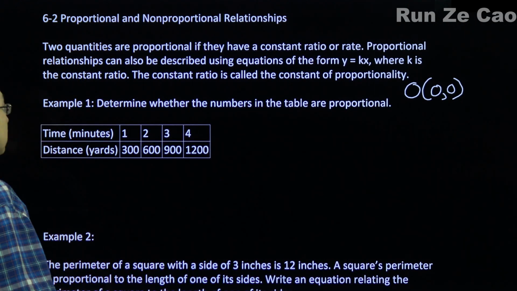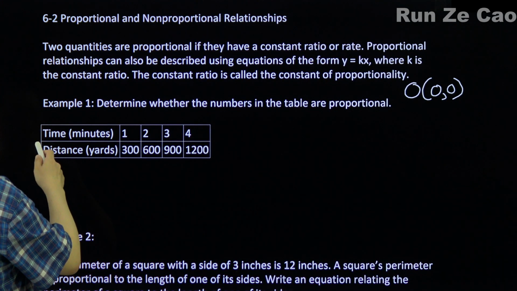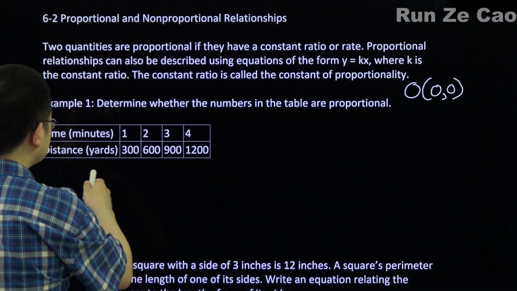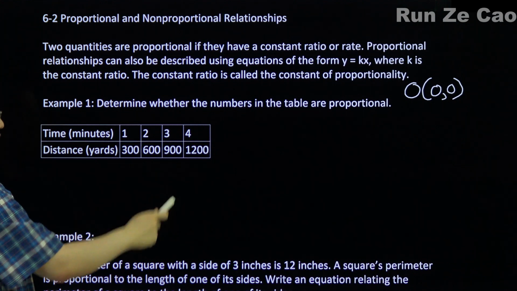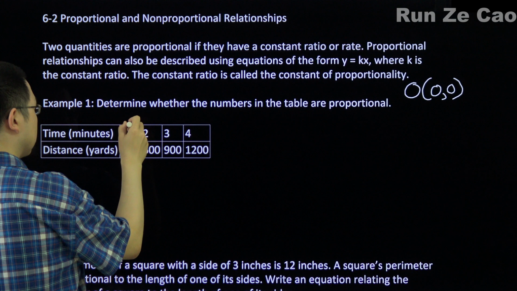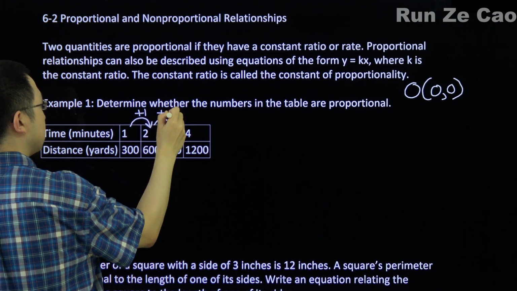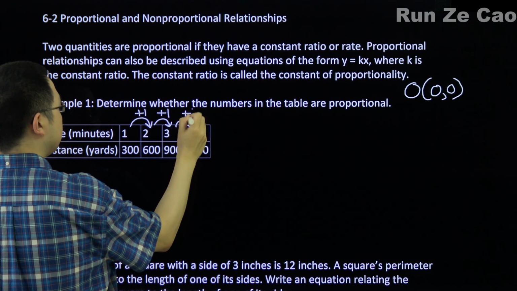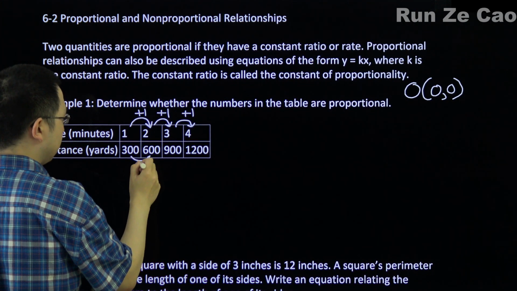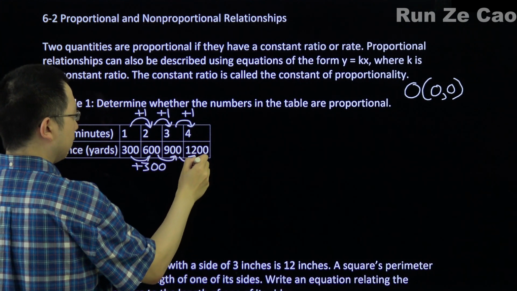All right, example 1. Determine whether the numbers in the table are proportional. Time in minutes: 1, 2, 3, and 4. Distance in yards: 300, 600, 900, 1200. Well, you realize that this is plus 1, plus 1, plus 1, and this is plus 300, and this one's same, and this one as well.